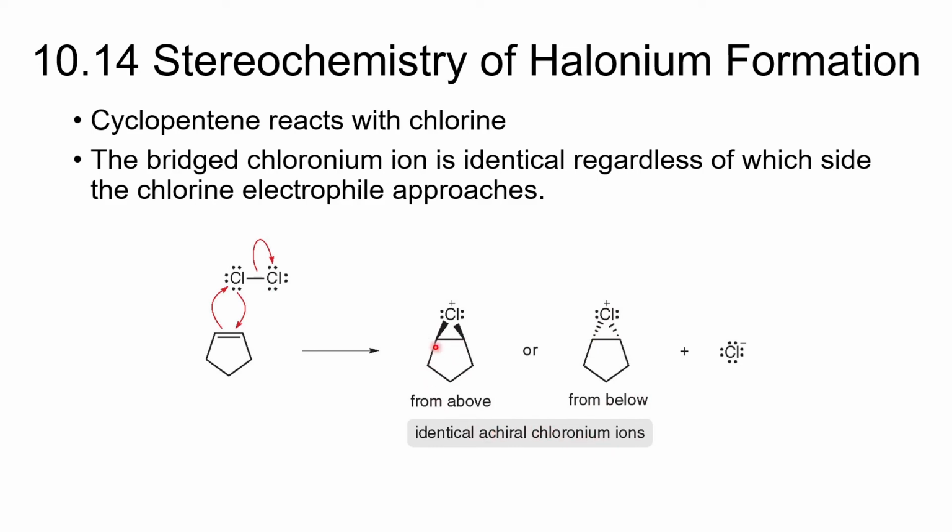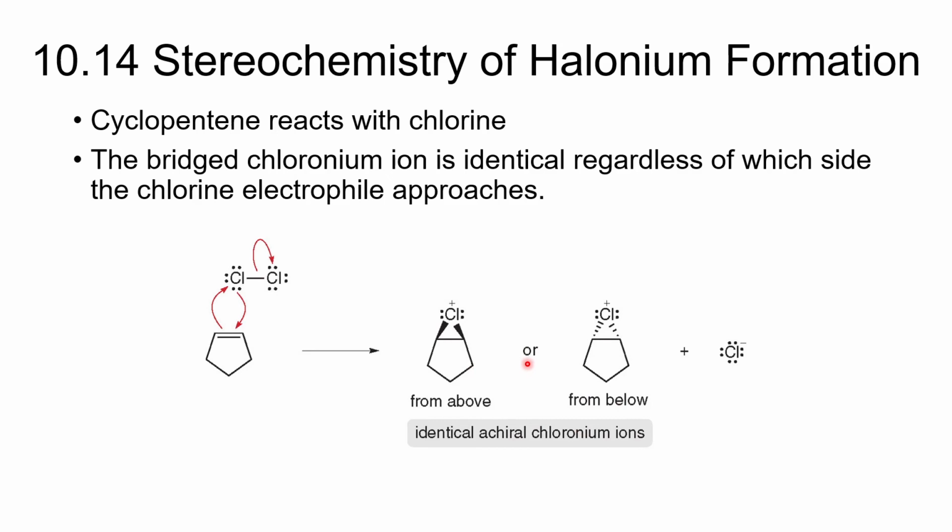You'll see that there are two stereogenic centers in each of these, but there is a plane of symmetry, so these are meso compounds, meaning they are achiral. That makes sense because if we start with an achiral starting material, like we did, then we're going to have either an achiral or racemic mixture of products. And in this case, we have an achiral product.